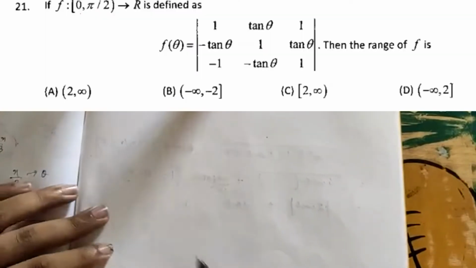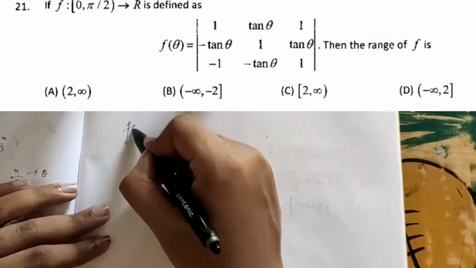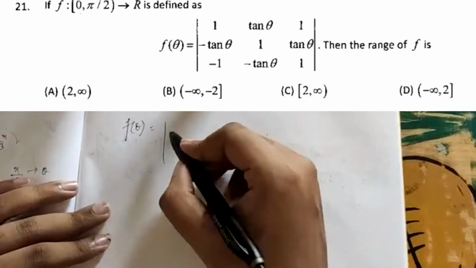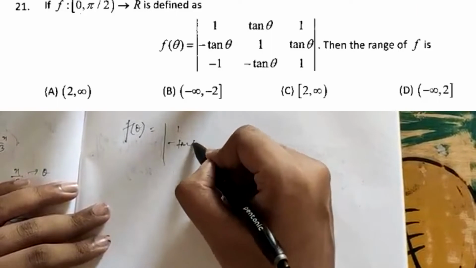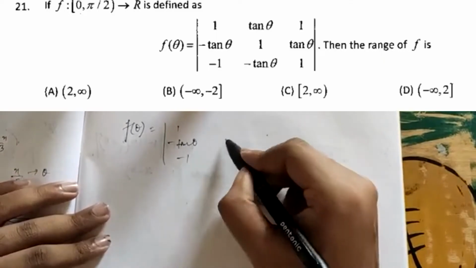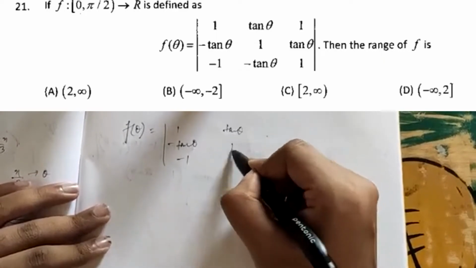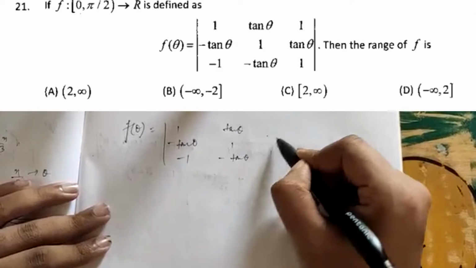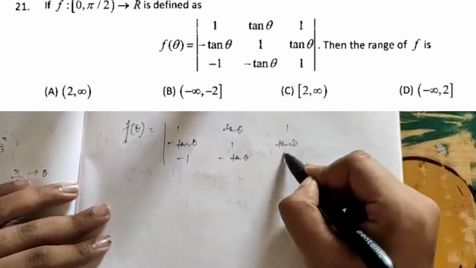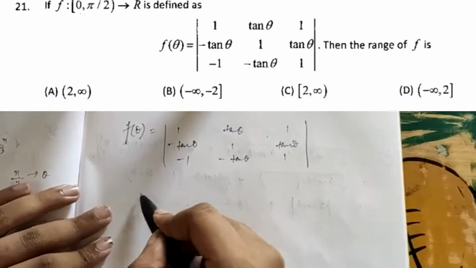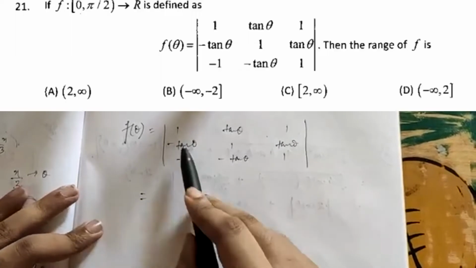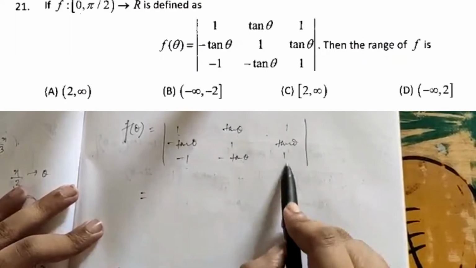Let's move on to question number 21. It says f(θ) is equal to the determinant with rows 1, tan θ, 1; minus tan θ, 1, tan θ; minus 1, minus tan θ, 1.